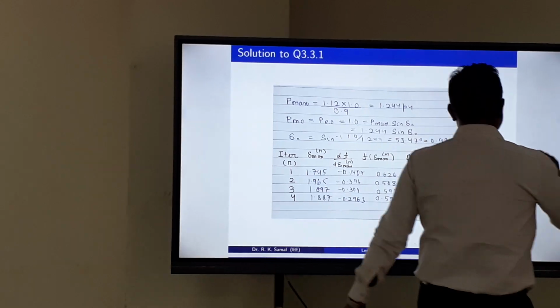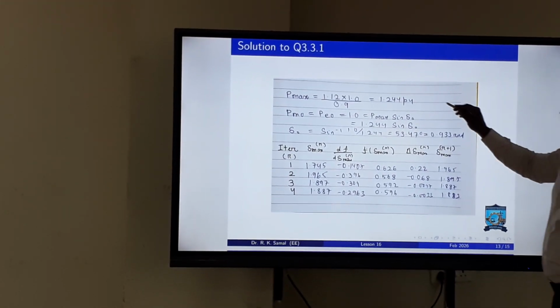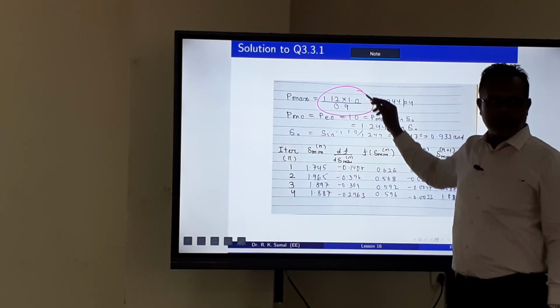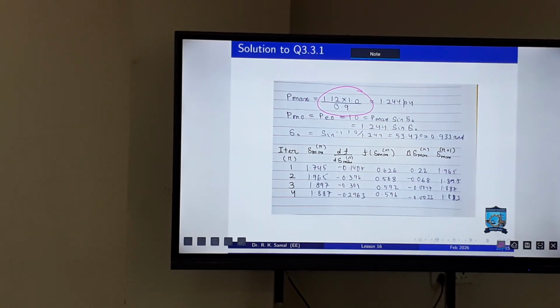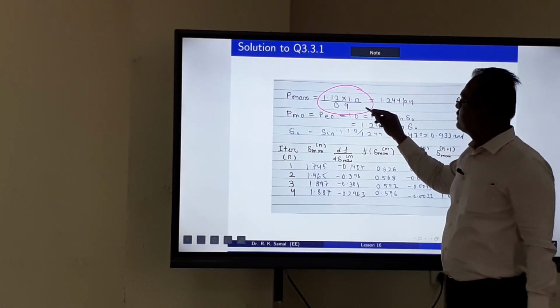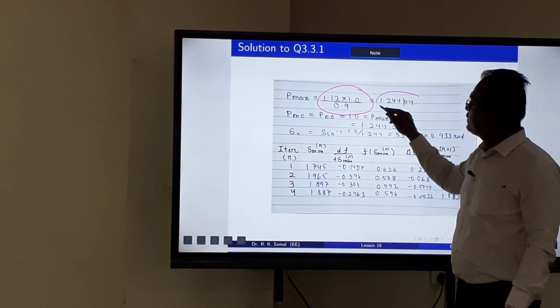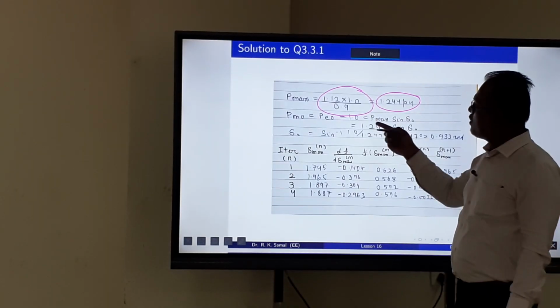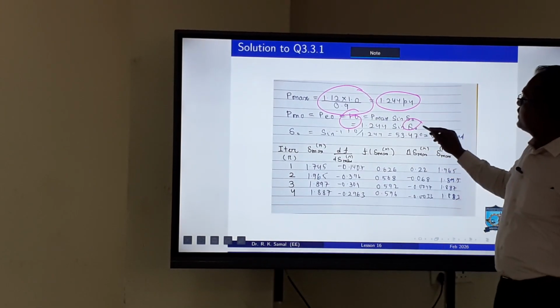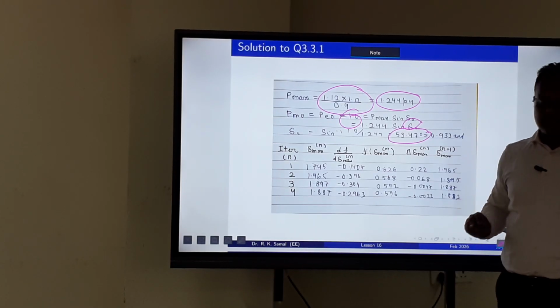In this problem, first we will start with P max from the question, that is E V by X, the maximum power. We know the power transfer is given as 1 per unit, so we can find the initial delta, delta 0.